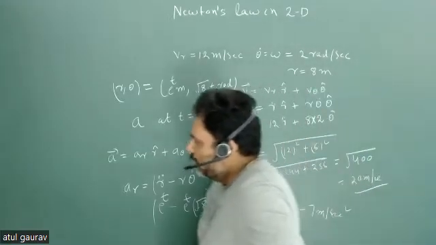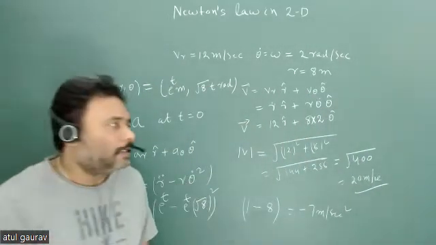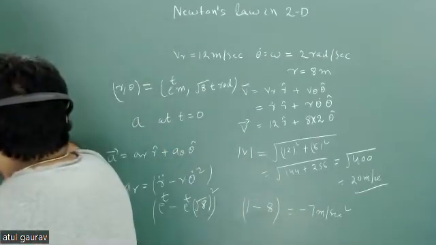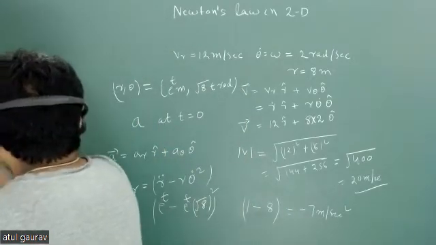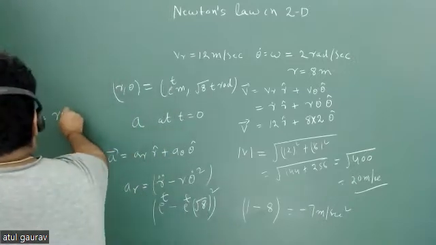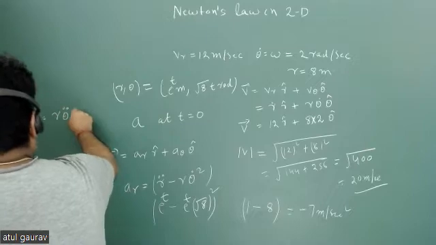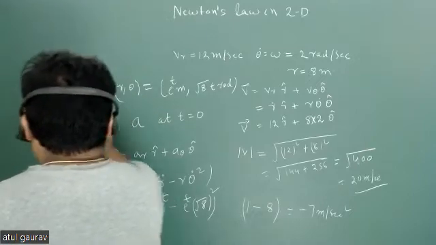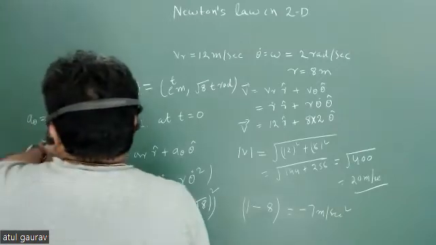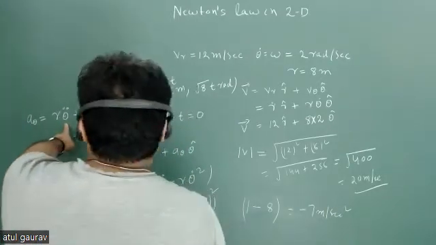Next, we have to calculate my a theta. What is your a theta? R theta double dot plus 2 r dot theta dot. So what is theta double dot? 0.